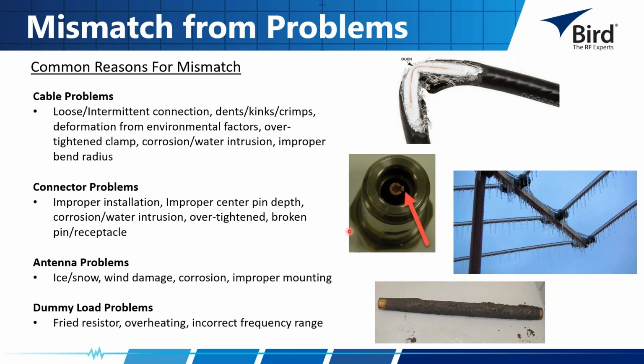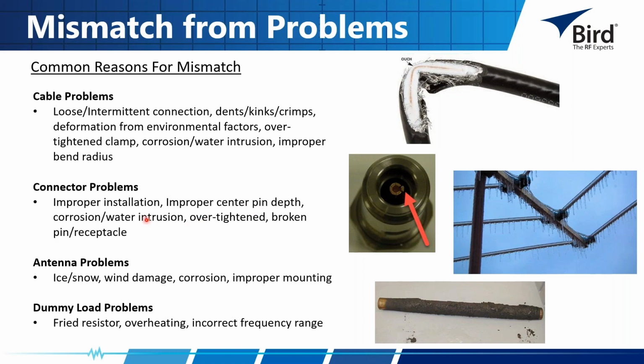I could have easily screwed it in and gone about my business, and then been wondering why my system was acting funny, maybe as you get back away from the site. Improper center pin depth, and the different ways these cables are assembled, matter too. Make sure the pin isn't sticking out too far, or that it's sticking out enough to ensure a good connection.